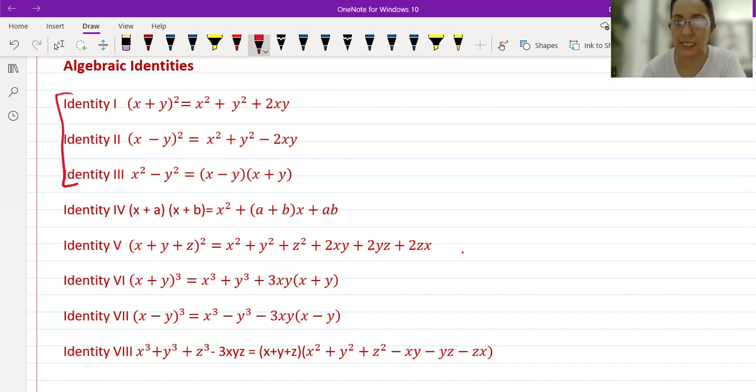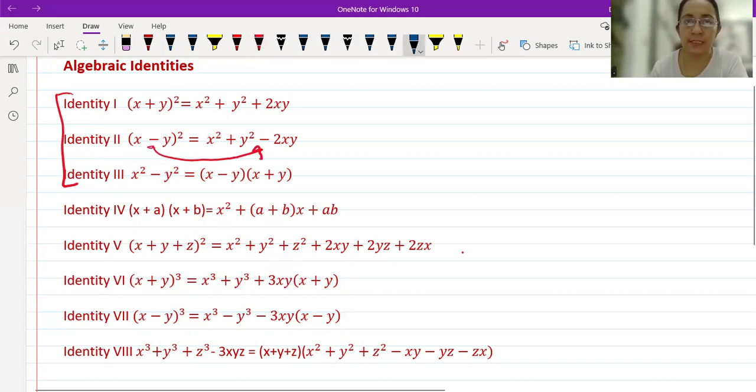These are the normal basic identities. So next is the negative of the previous one. (x minus y) whole square will give us x square plus y square, and the only change is the sign: in the previous it was plus, and now in the negative identity you will have minus 2xy.